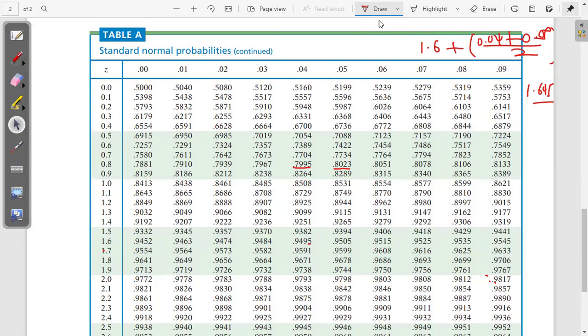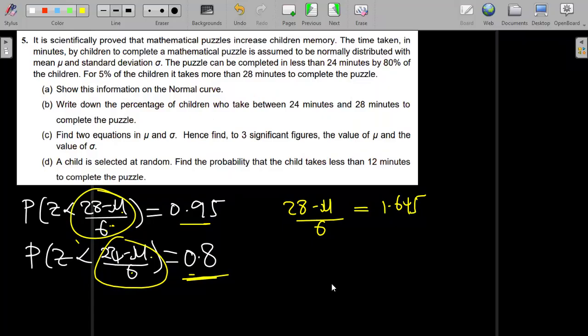This one is below by 5 units. So this one here is very close to 0.8. So we're going to use this value. So I go up, I find 0.04, and I go this side, I find 0.8. So it will be 0.8 plus 0.04, which will just be 0.84. So that will be the value that I'll use there. So I'll say this 24 minus mu over sigma is equals to 0.84.